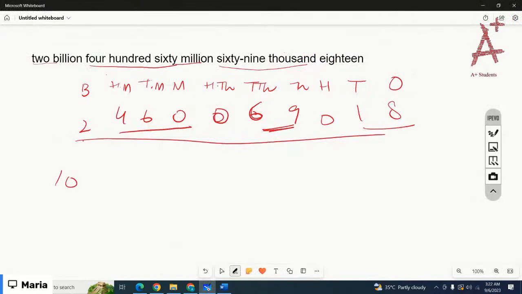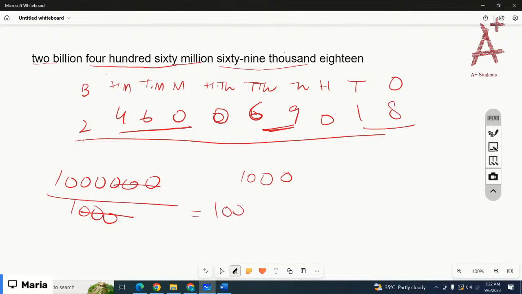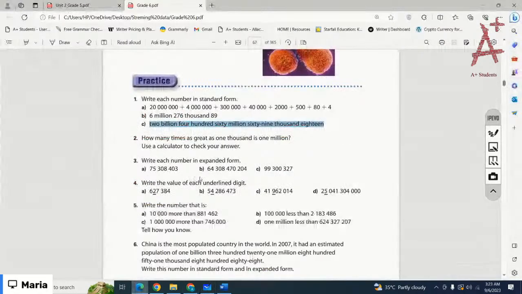This is 1 million with 6 zeros, and this is 1,000. When you divide 1 million by 1,000, you get 1,000. That means 1 million is 1,000 times greater than 1,000.